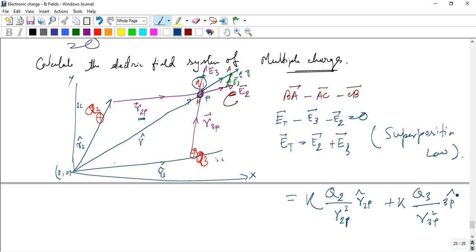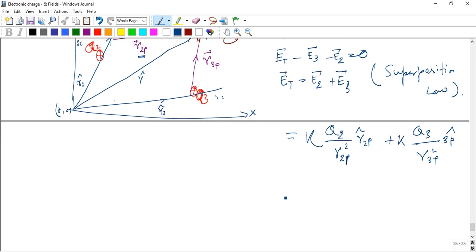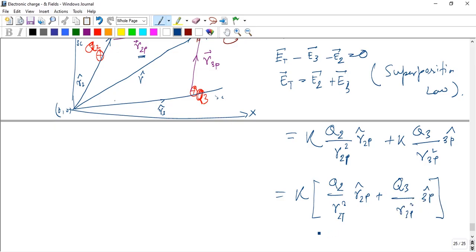Taking K common, we finally get Q2 over R2P squared R2P cap plus Q3 over R3P squared R3P cap.